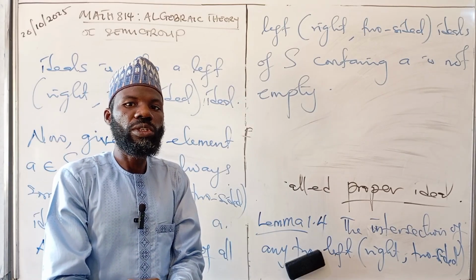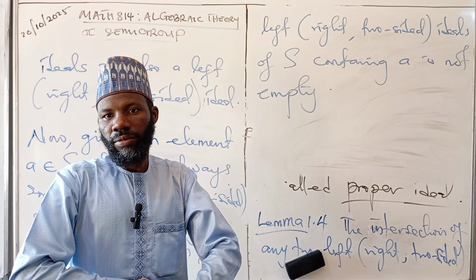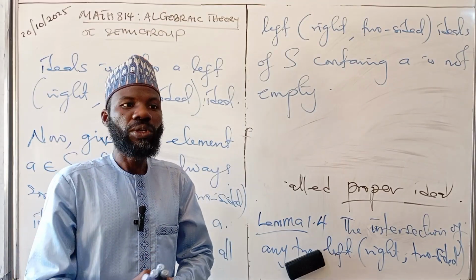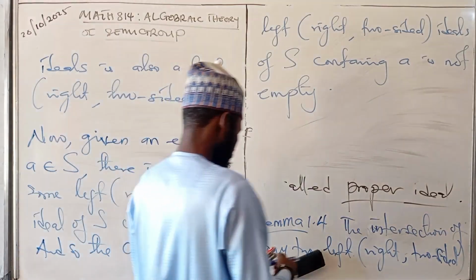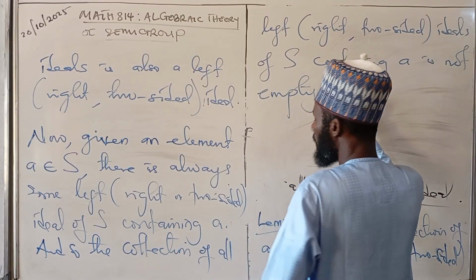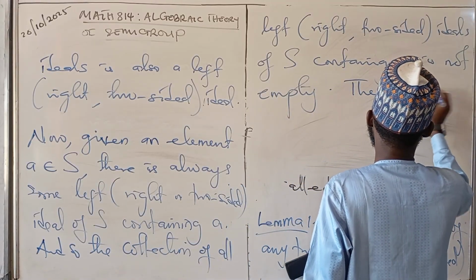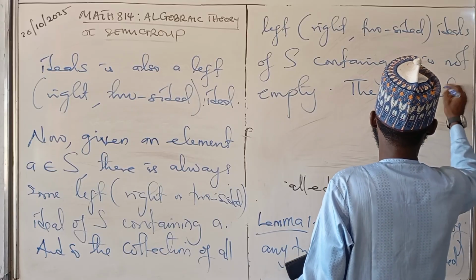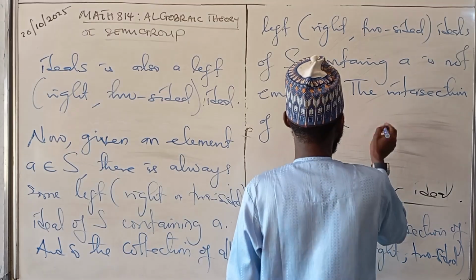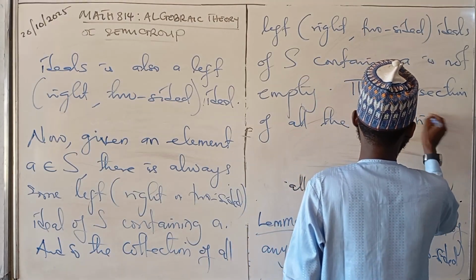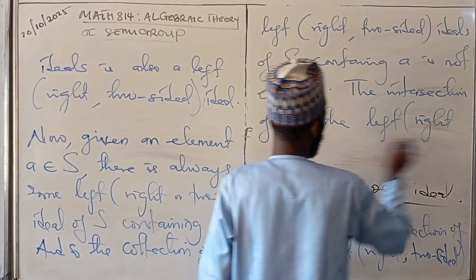And that new ideal will still contain A, because each one of them contains A. Now the intersection of all the left, right, and two-sided ideals.